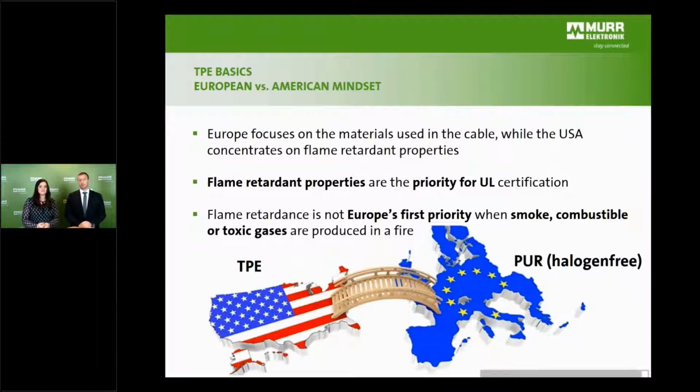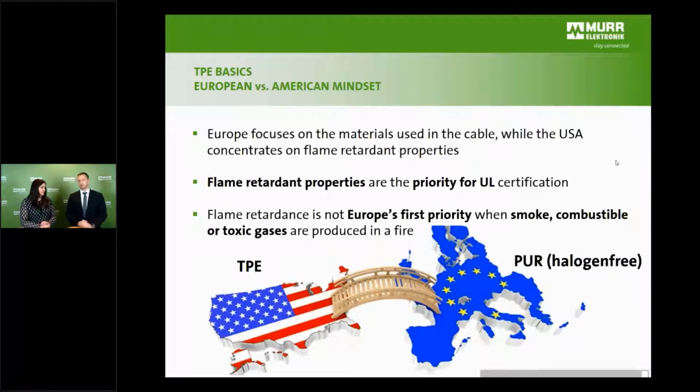They want to avoid fire and also that the fire spreads, without having a big focus on the toxic gases which can be produced in case of fire. Here in Europe, we say, okay, our target is, of course, also to avoid fire, but we also have a focus on toxic gases. Yep, and that's the difference here.